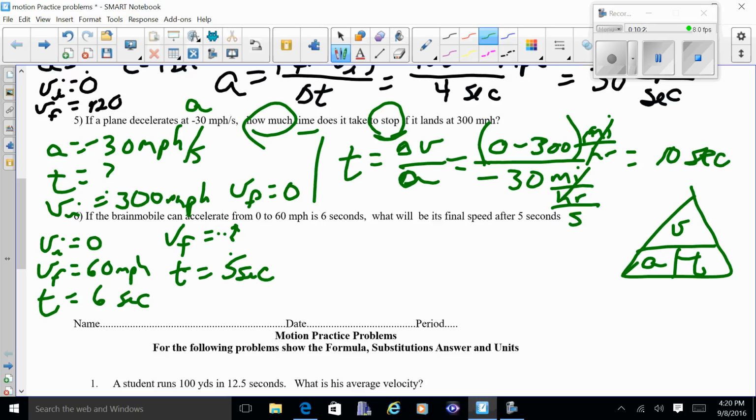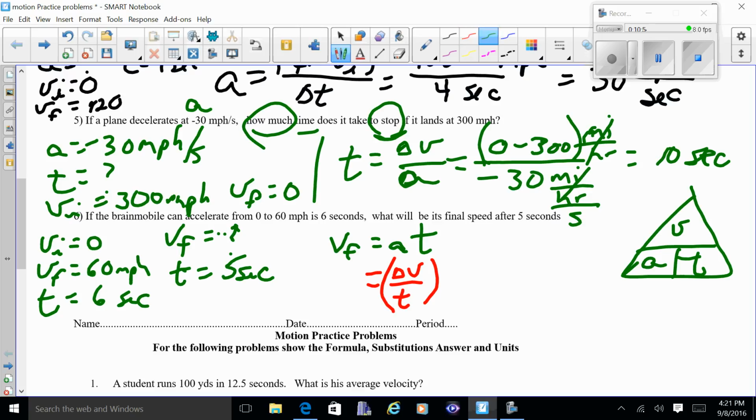Well, you can find out what A is. So watch what I'm going to do here. I'm going to do this in a different color. I also know that A is change in velocity over change in time. So let's plug all this stuff in now. My change in velocity was 60 minus 0.